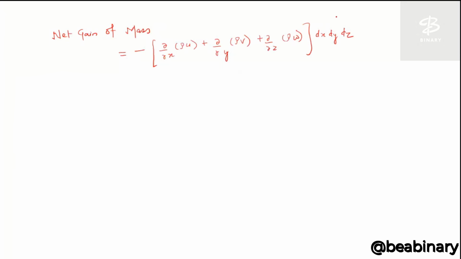As you know, according to the conservation of mass, we cannot create mass and we cannot destroy mass. So the net increase of mass per unit time in the fluid element must be equal to the rate of increase of mass in the fluid element.